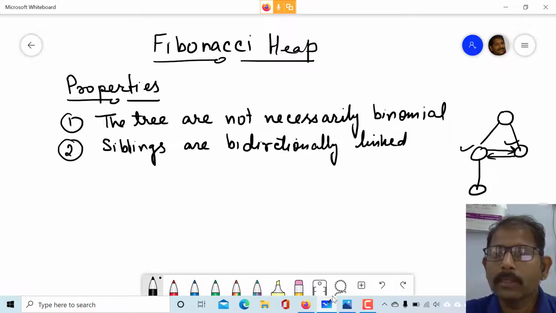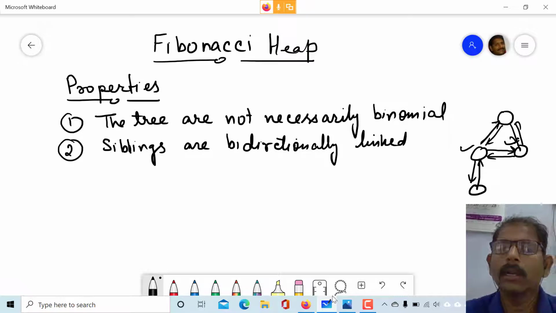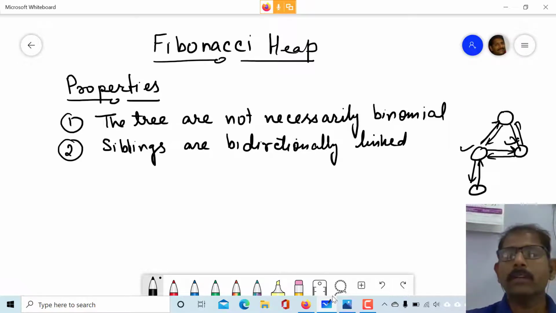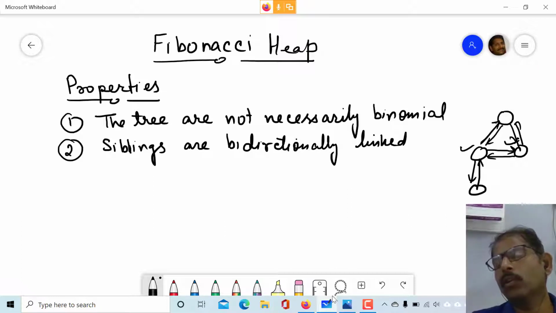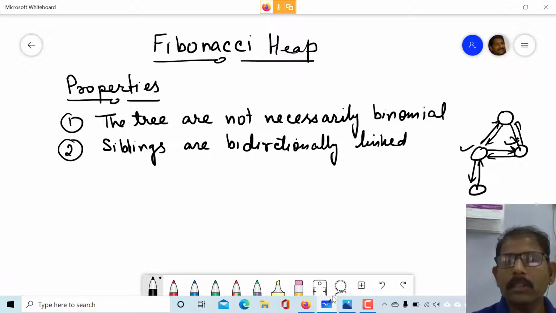Likewise these nodes are also bidirectionally connected. That means if you want to traverse from one node to another, you don't have to go through some intermediate node, you can directly go to the other node. In this way the traversal time is quite minimal.